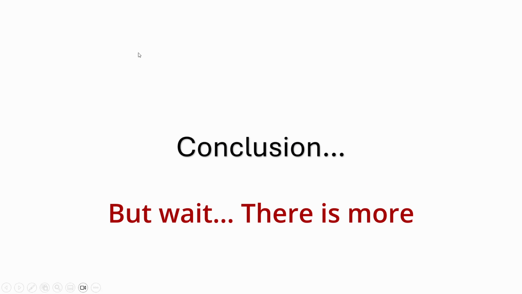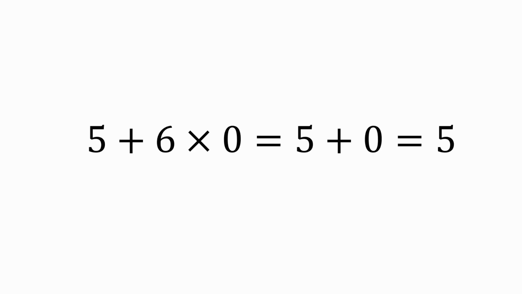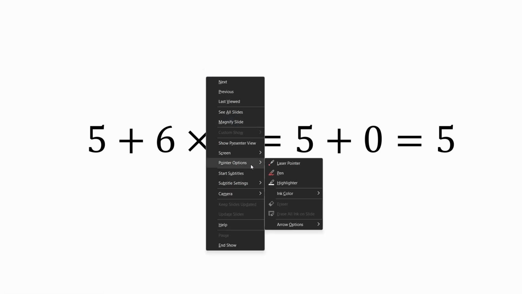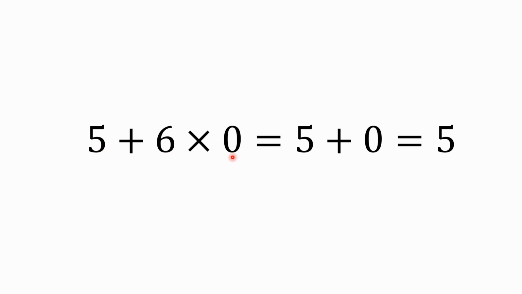All right, I ended a little bit too soon because one thing that came to mind is that a lot of people, when I talk about multiplying by 0, when somebody sees a problem like this one, 5 plus 6 times 0, often people will automatically assume that it equals 0 because all they see is this multiplication by 0 at the end.